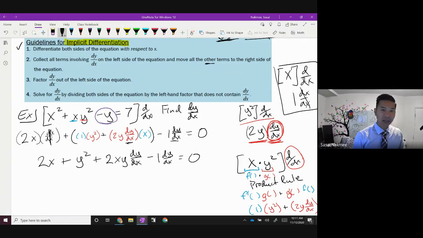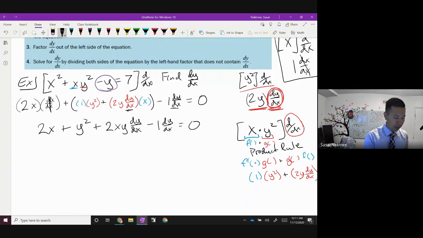This is a technique that you learned back in IM1, right? When you're solving, or IM2, I forget which IM it is, but when you're solving to get one thing solved for, you get it all on one side, and everything that doesn't have that one thing, get it on the other side, right? So I want all the dy dx's on one side and get everything that doesn't have a dy dx on the other side, which happens to only be the 2x and the y squared, right?